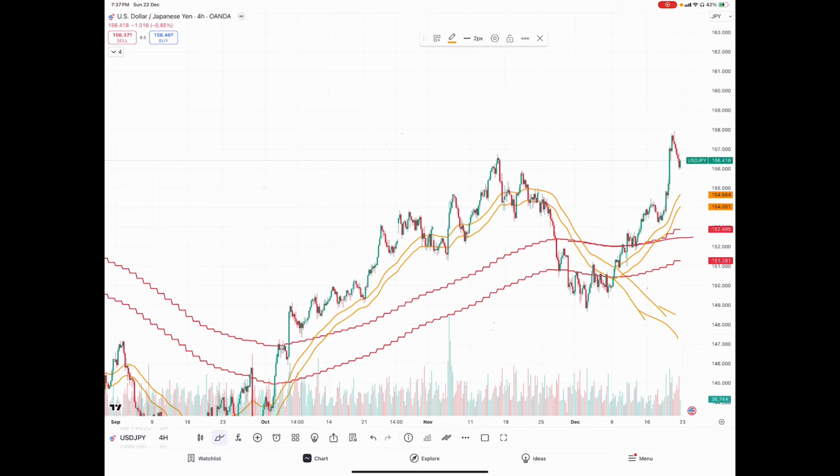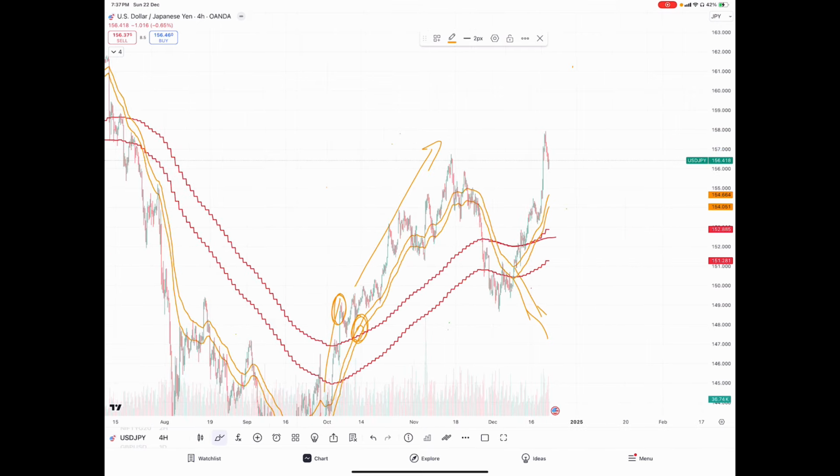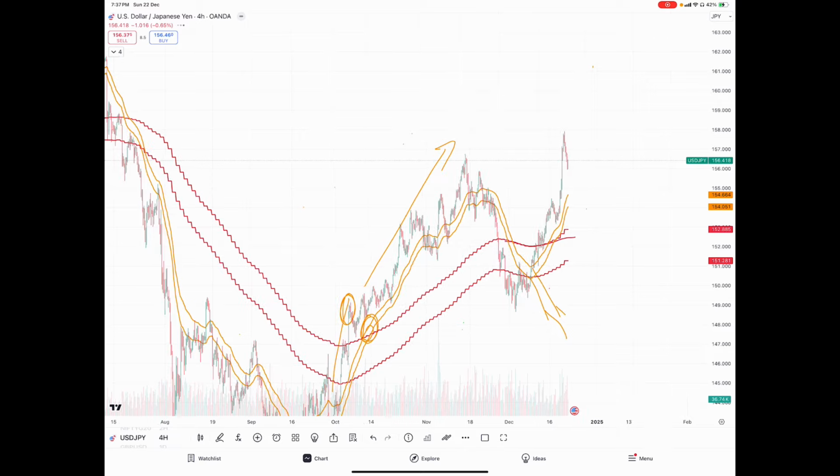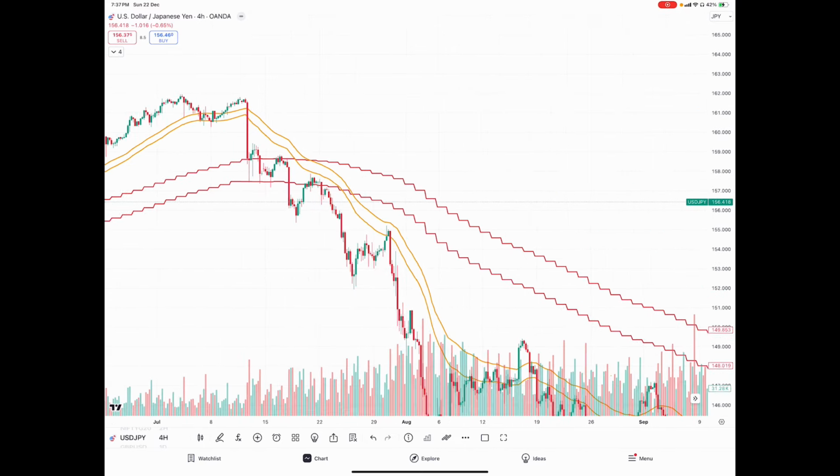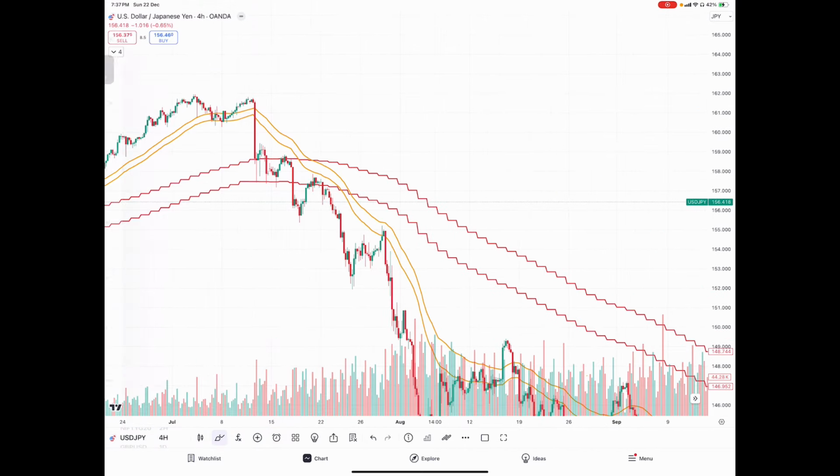You see here, candle closed above the red line. The orange line also crossed and the movement continued. You see here, candles broke the red lines, and the orange lines also crossed the red lines.